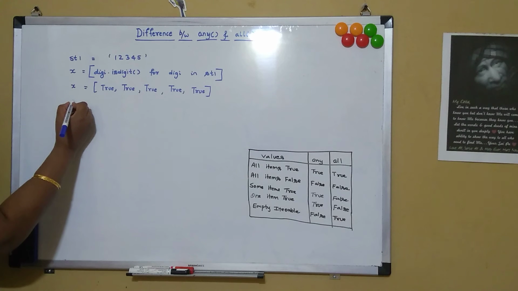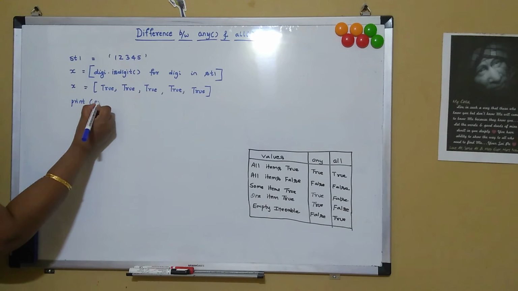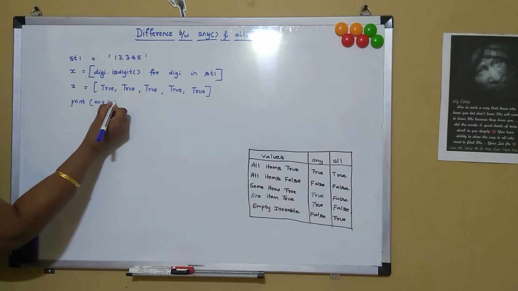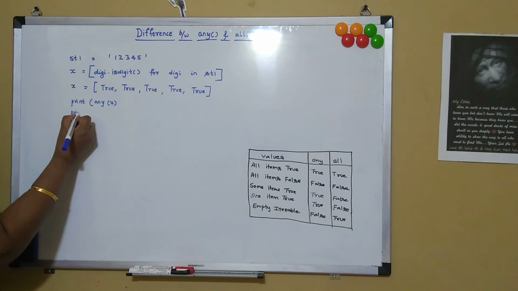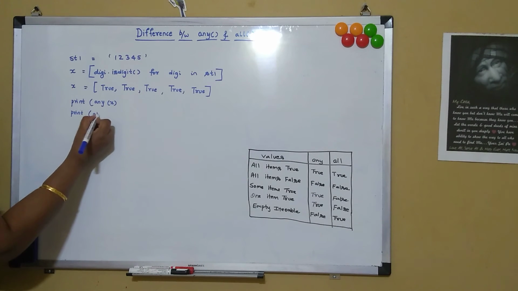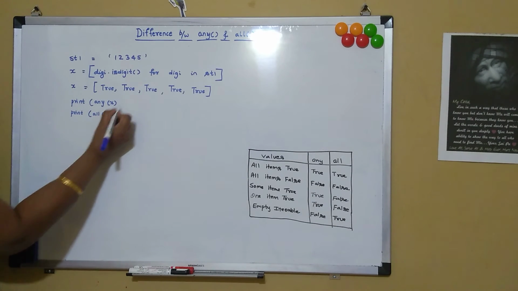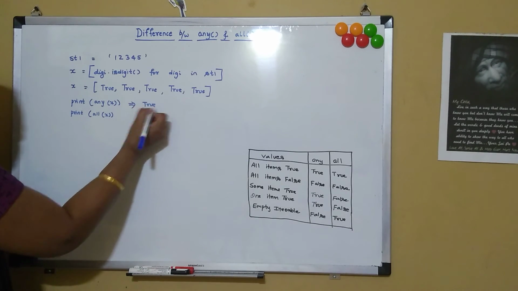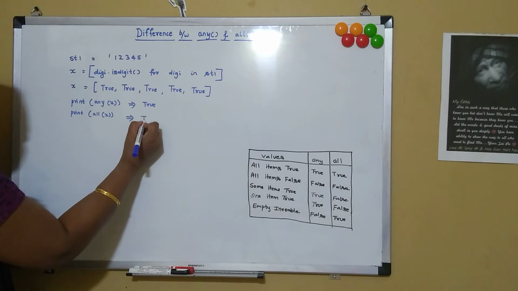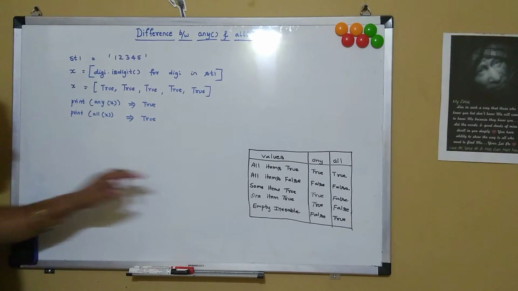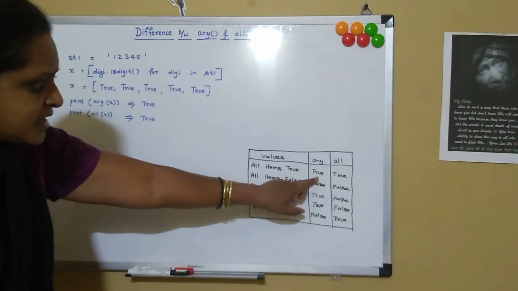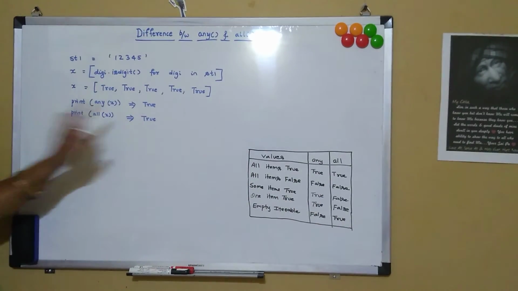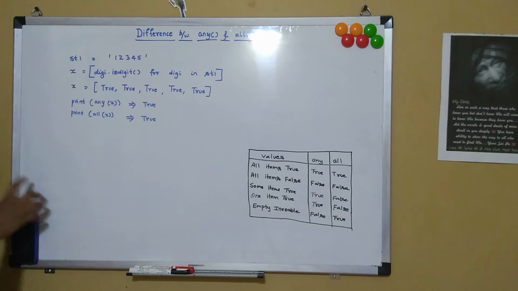Now if I say print any of x and also print all of x, this evaluates to true. This also evaluates to true. Since all the items are true, both any and all function evaluate to true.